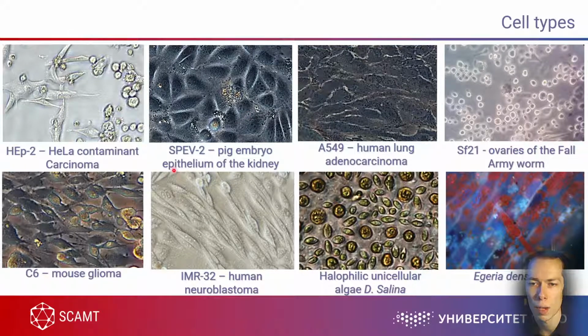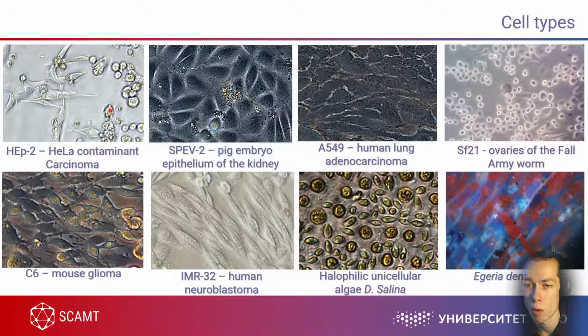It can be epithelium cells of different animals. It can be cancer cell lines from humans. It can be even cells from insects, like some worms. It can be cancers of animals like mouse glioma. It can be human neuroblastoma cells and so on. It can be unicellular algae. It can be plant cells.